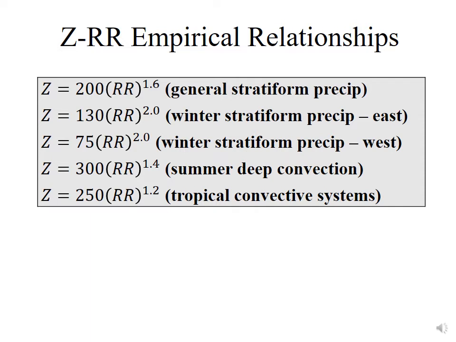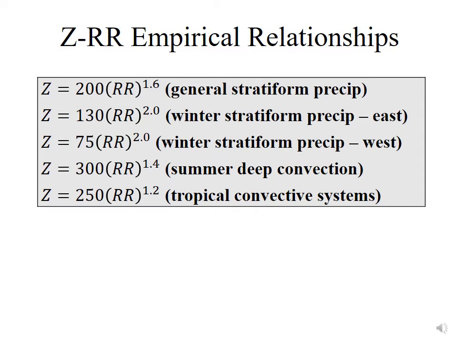And so they all take the form of Z is equal to a constant times the rainfall rate to an exponent. But the constant out front and the exponent are different depending upon the type of precipitation that we're getting, which presumably affects the raindrop size distribution. And that raindrop size distribution will have a big impact upon the rainfall rate.